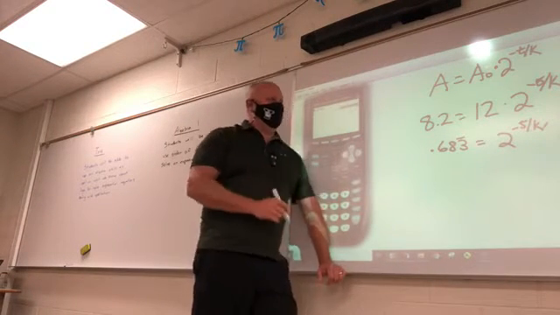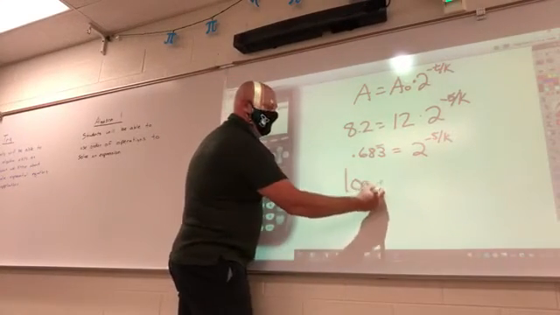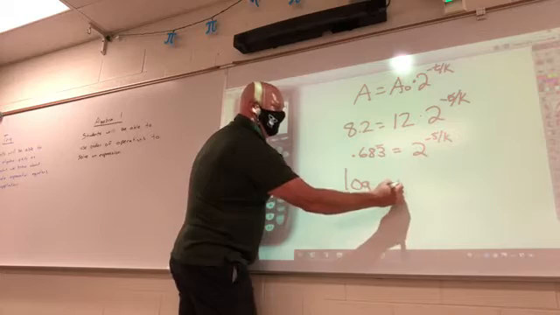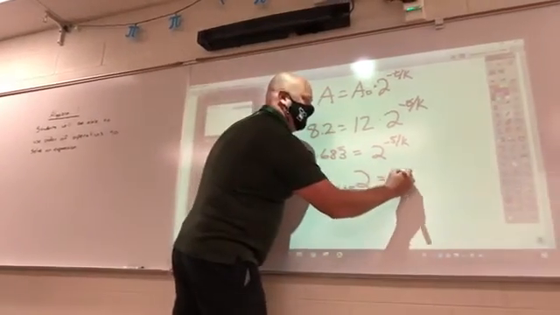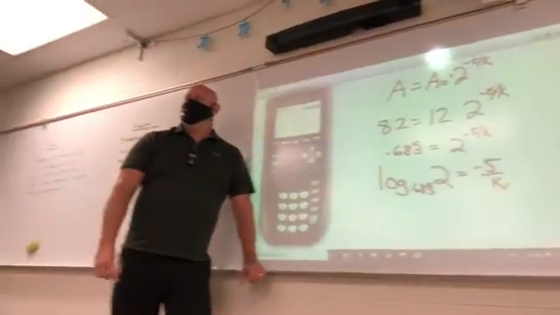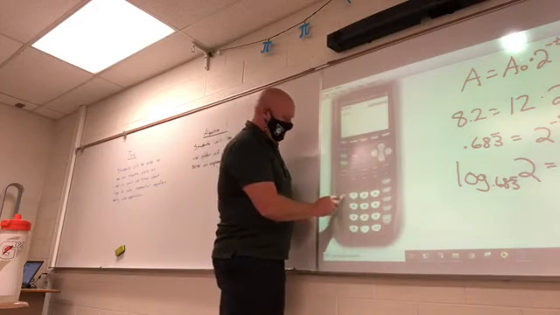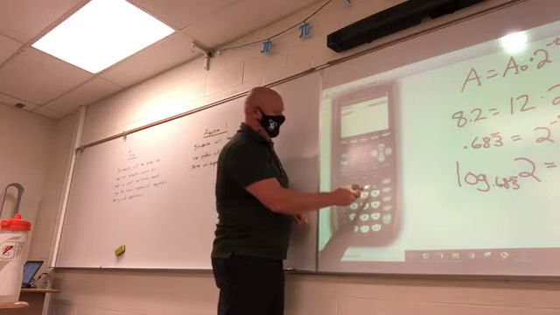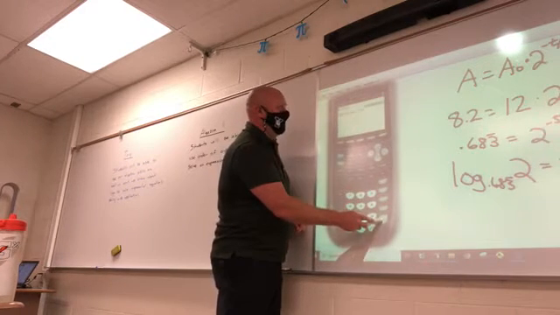Switch forms, which would be log base 0.683 repeating, of 2 is equal to negative 5 over k. This I can calculate. Log of 2 divided by log of that 0.683 number.